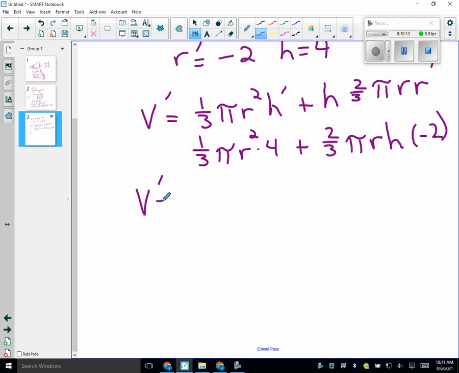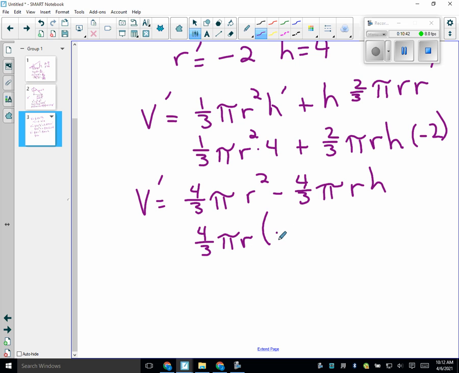So is V prime equal to 4/3 pi R squared minus 4/3 pi RH? Is that right? Can I factor something out? 4/3 pi R, which leaves me R minus H. Right?